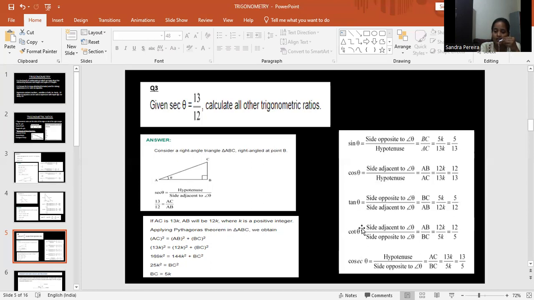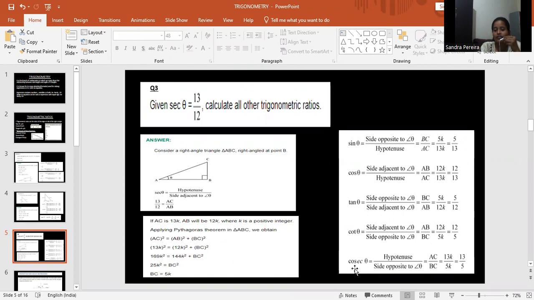Now cot of angle theta. Cot of angle theta you can directly find as the reciprocal of tan theta, that is, the numerator becomes the denominator, so 12 will be the numerator here. So 5 by 12 becomes 12 by 5. Now the last one, cosec of theta.